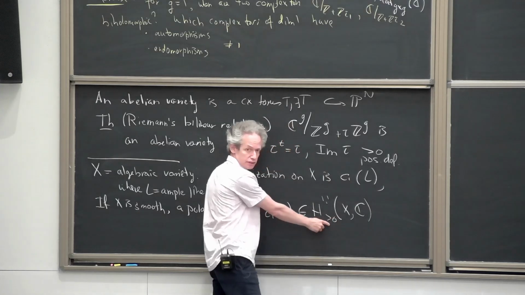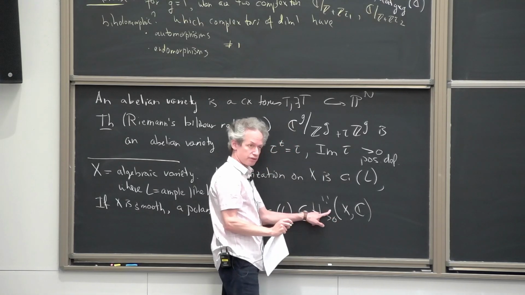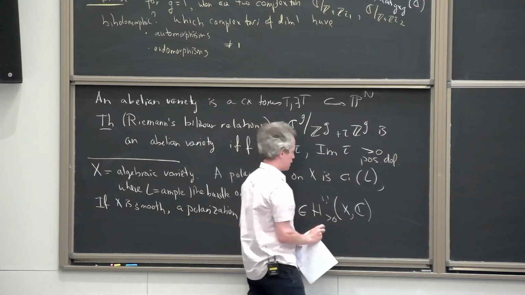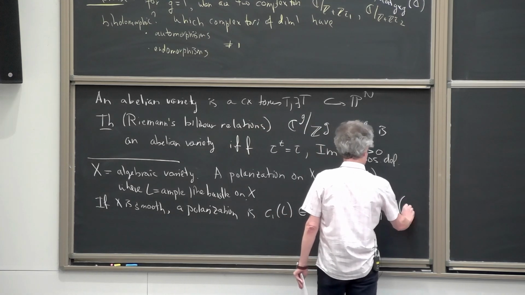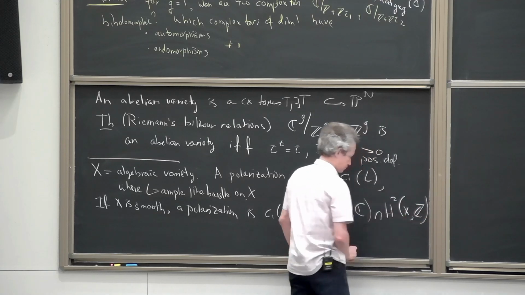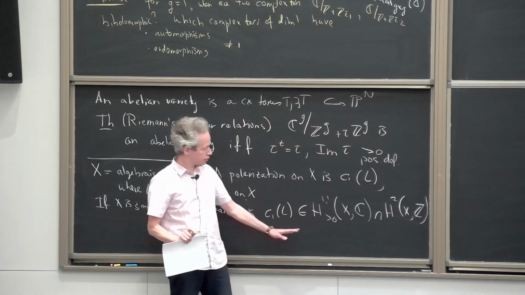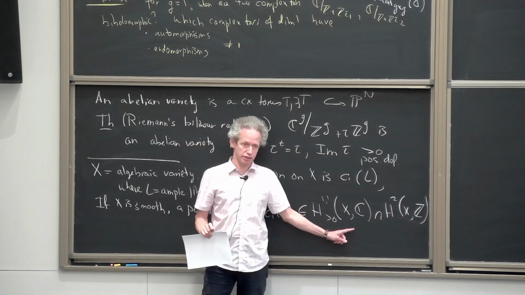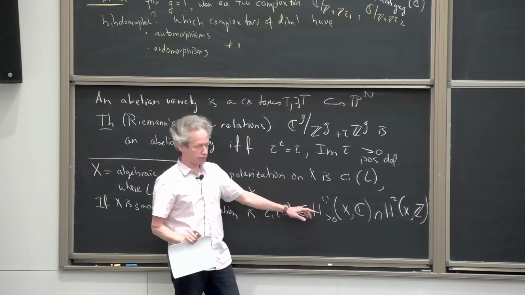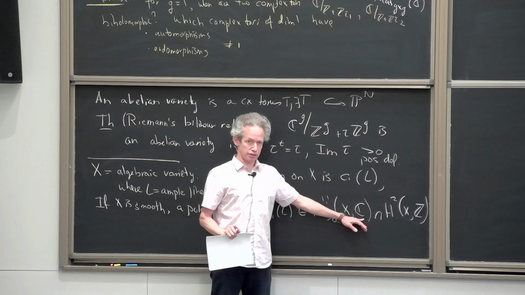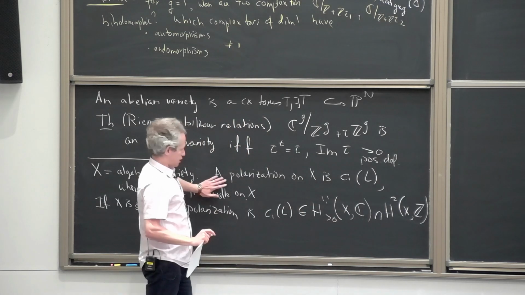That's what I write, positive. It makes sense to talk about positive classes. They give me a pairing, and I want it to be positive. But it's also a C1, so it better be an integral class. Okay? So that's what it means to have a polarization. A polarization is a class of a positive, ample, however you want to think about it, line bundle. That's what it is. I don't want to say what ample is.